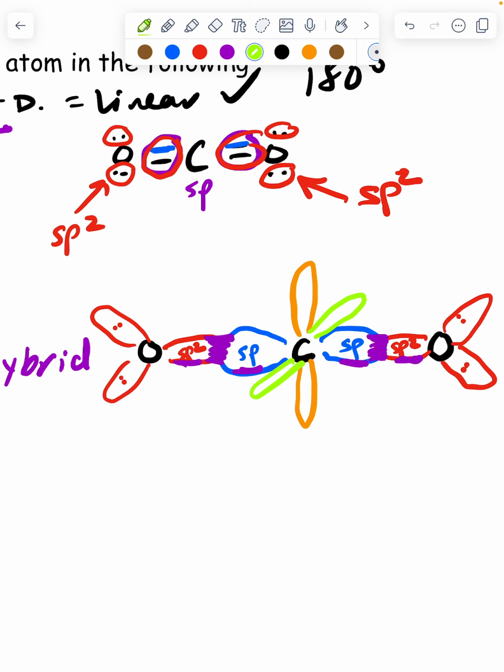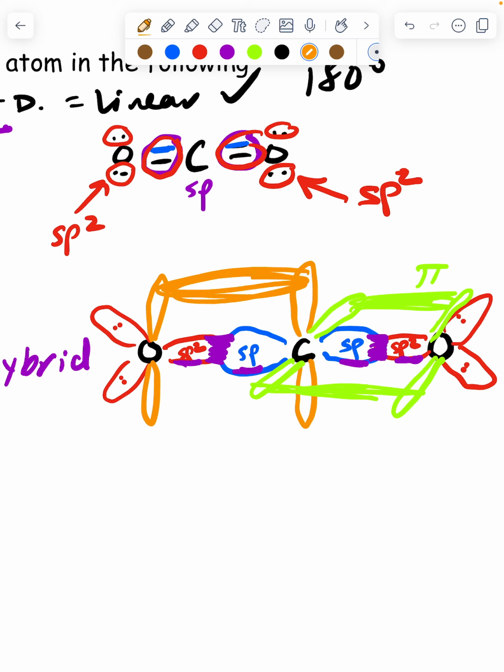So by being sp hybridized, there are still 2 p orbitals left over to form those 2 pi bonds. This oxygen is sp2, so it still has 1 p orbital left over. And that's all it needs. So it can form the extra bond here. So we get a pi bond there. And in this one, that oxygen is sp2, so it also has 1 extra unhybridized p orbital. And I get a pi bond over here.